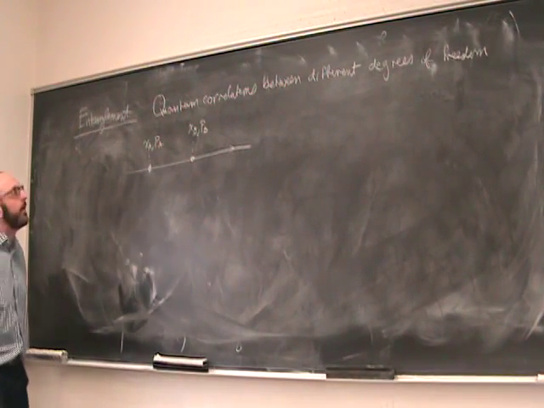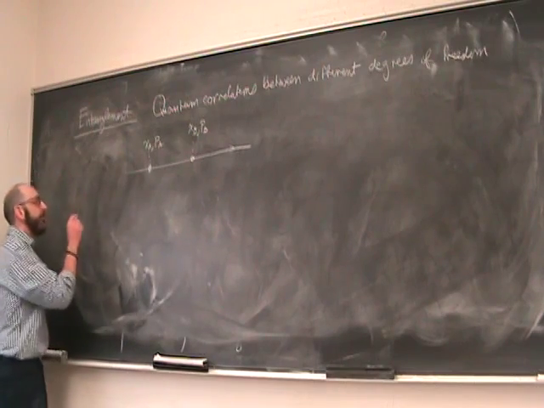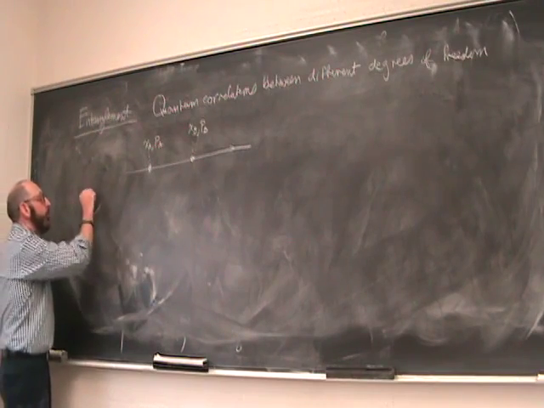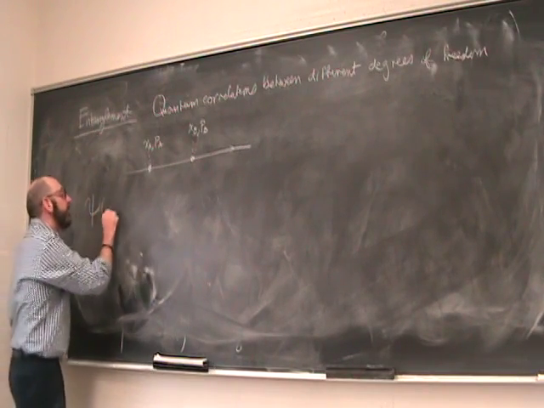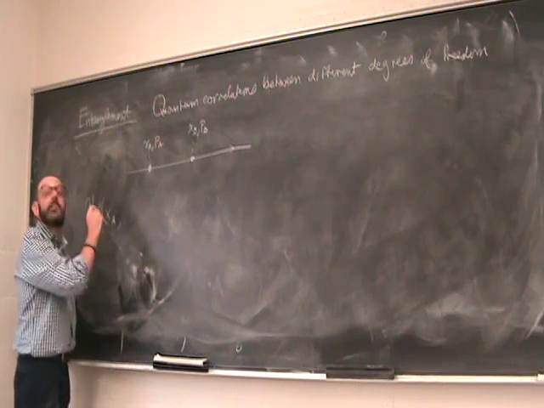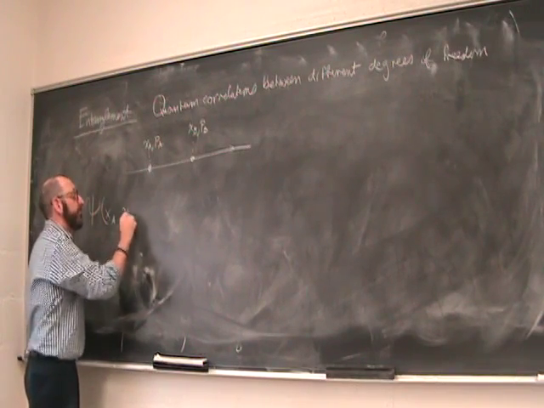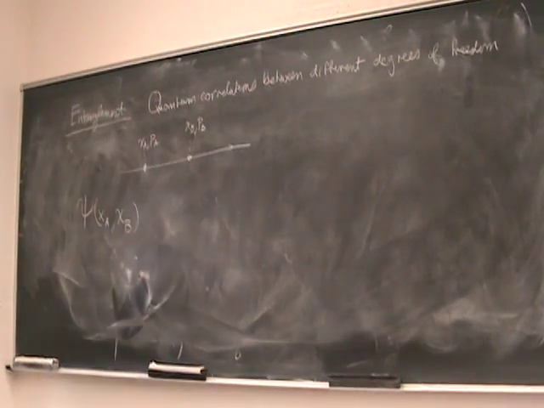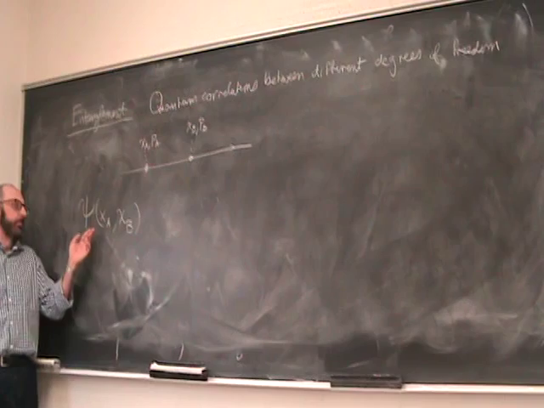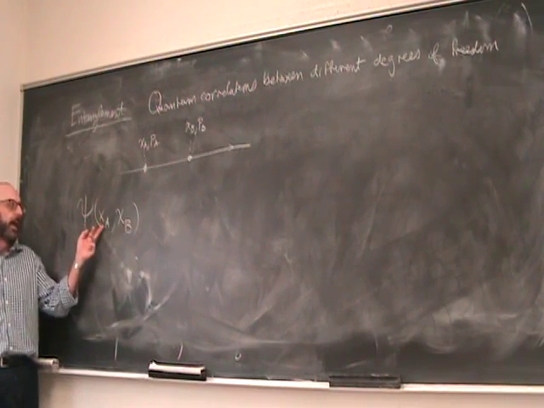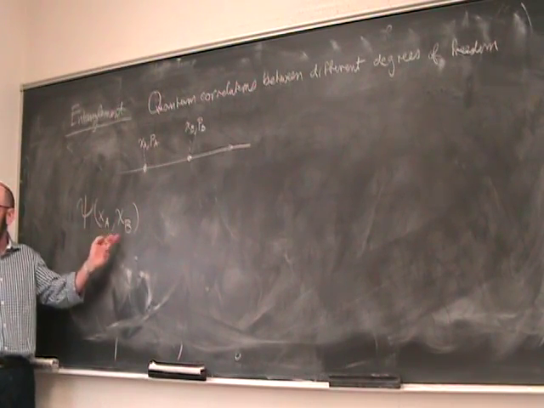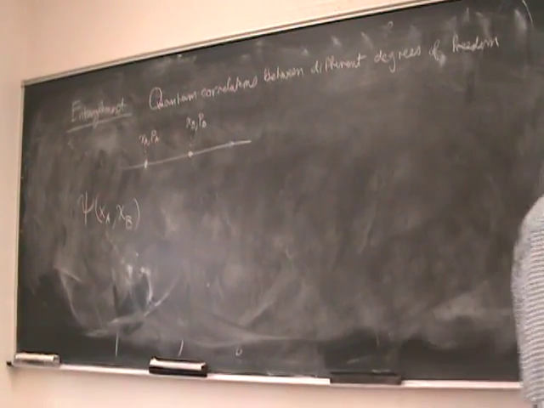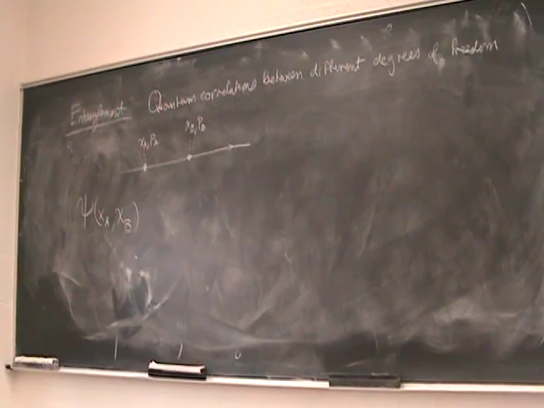Now, if I want to look at those 2 degrees of freedom quantum mechanically, I might look at, say, the joint wave function, now not in terms of phase space, although we might get to that. This is the wave function that represents the joint probability amplitude to be at position XA for particle A and XB for particle B. Okay, that's a perfectly good wave function we could write down.